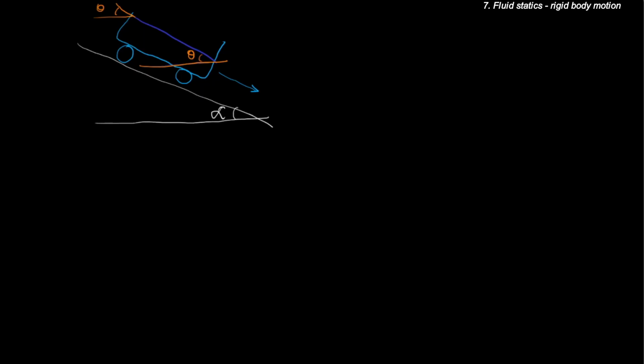Let us assume that the wheels are frictionless, meaning it is rolling freely down the inclined plane. So in that case, first of all, gravity acts on the mass of the body in this direction, and this is the direction of the acceleration of the entire object.